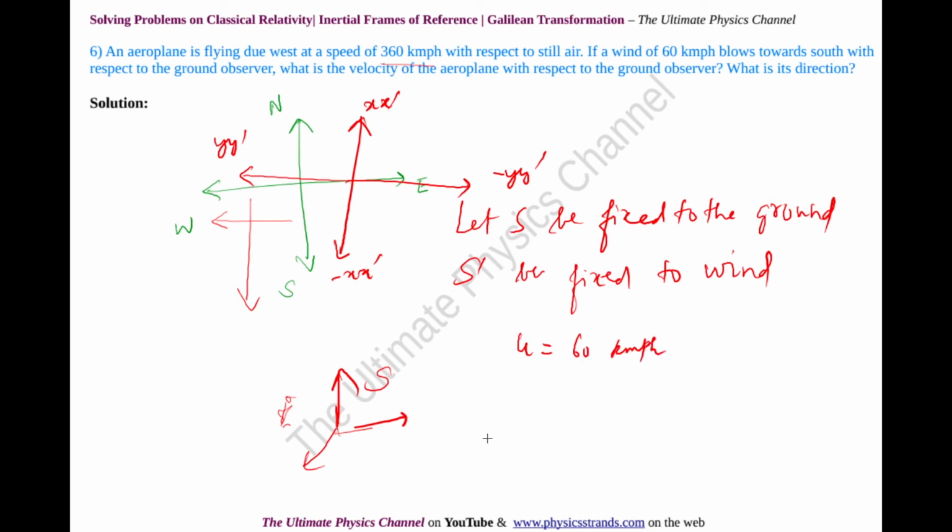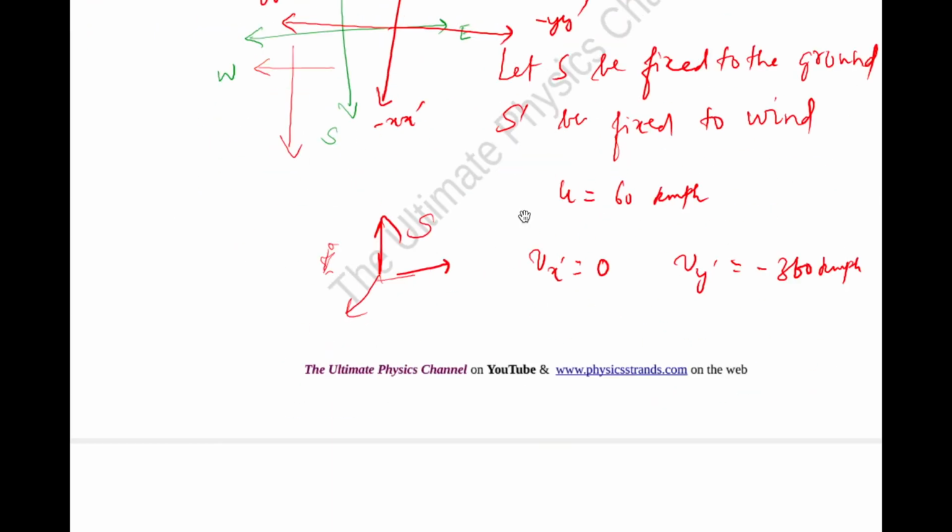And therefore Vx prime is equal to 0, because S prime is fixed to the wind, and Vy prime is equal to minus 360 kilometers per hour, right?